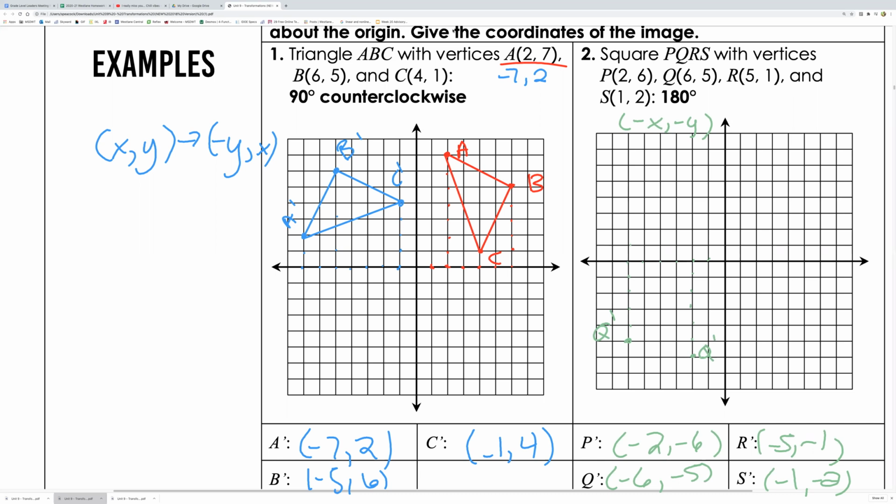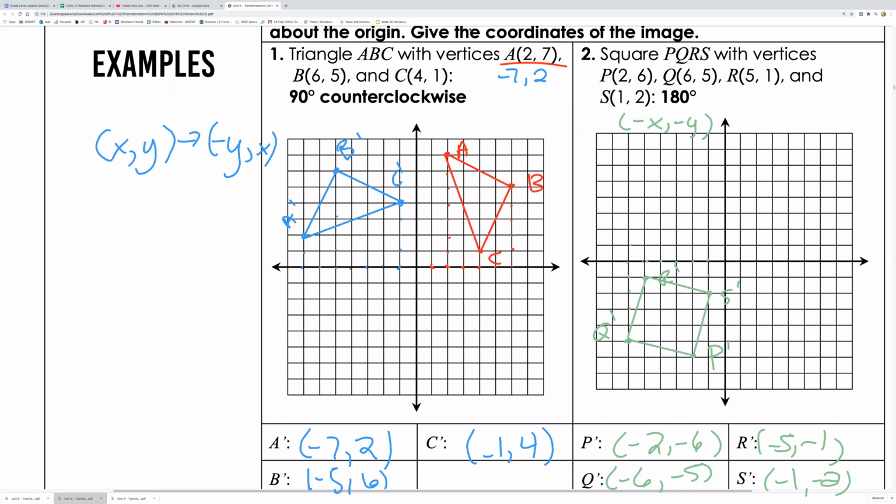I'm getting all brain farty. Why you should take brain breaks sometimes, guys. All right, 1, 2, 3, 4, 5. Negative 1, so that's R prime. And then negative 1, negative 2. So that's going to be S prime. All right, let's connect those dots. A nice little square there.